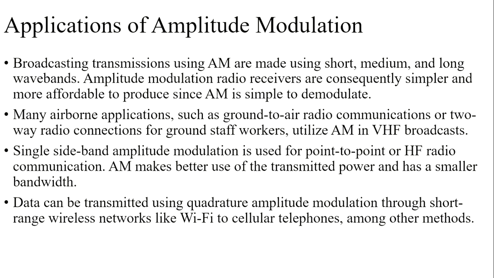Single sideband modulation is used for point to point or HF radio communication, as it needs only a smaller bandwidth. Fourth, data can be transmitted using quadrature amplitude modulation through short range wireless networks like Wi-Fi, to cellular telephones, among other methods.